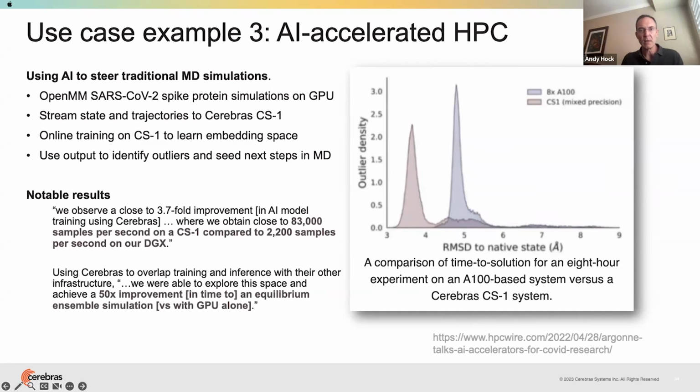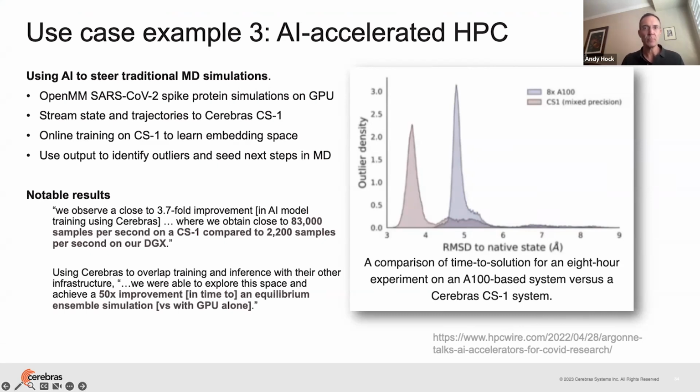And what you can see is that the results were in fact better in the 8-hour simulation with the CS1 in the loop.